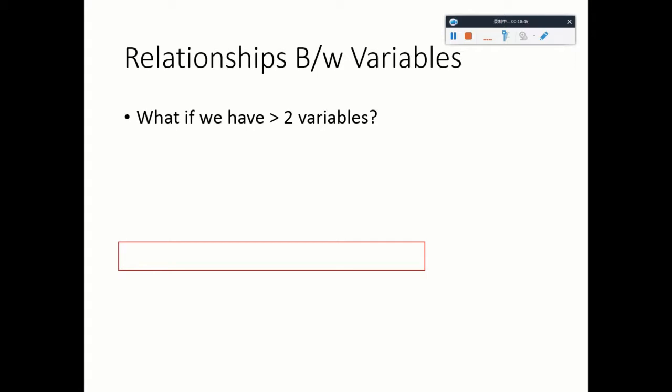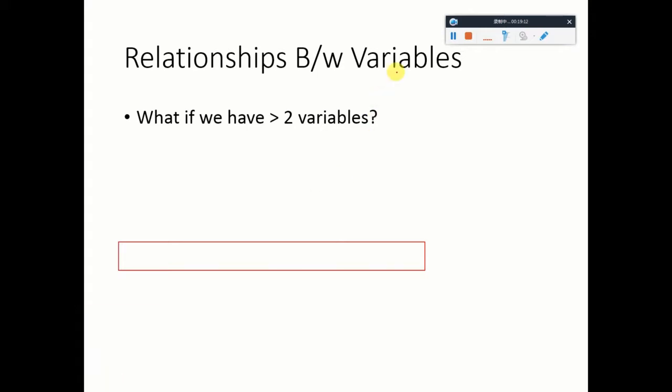So previously we said that we can have linear and curvilinear relationships between two variables, right? That's really the most simple scenario that we can possibly envision. We call those scenarios bivariate correlations.